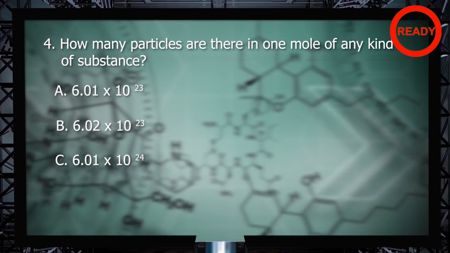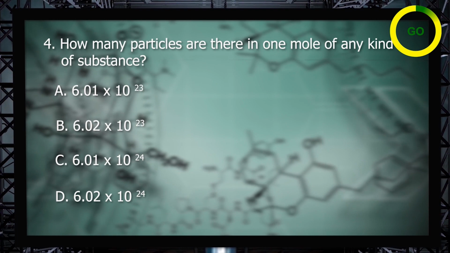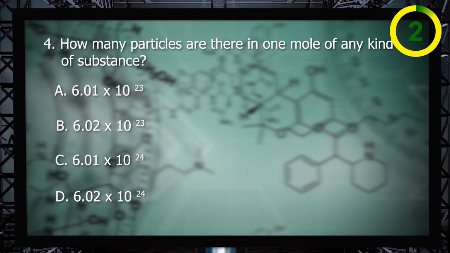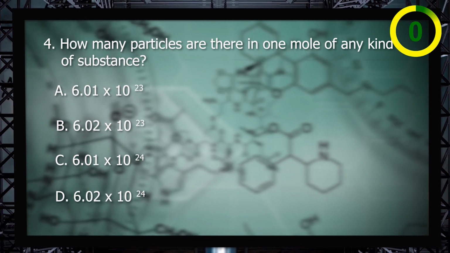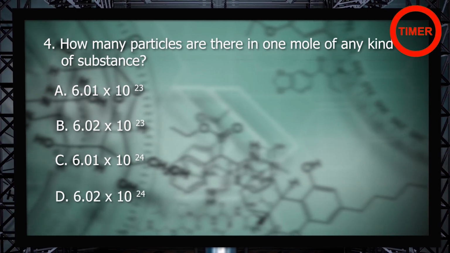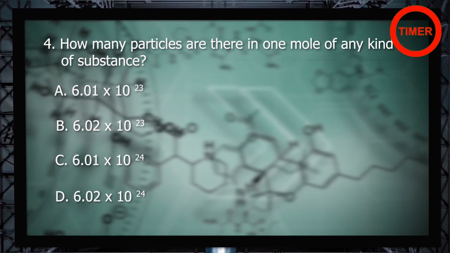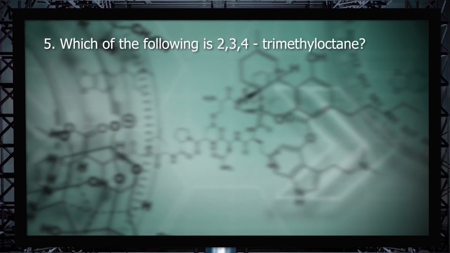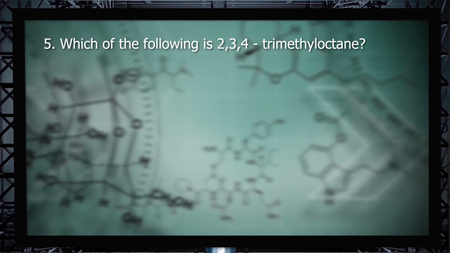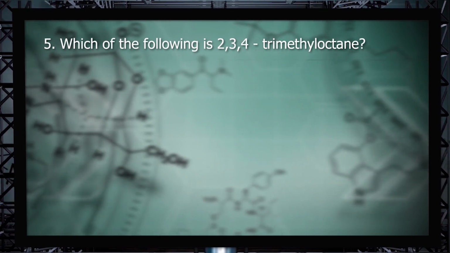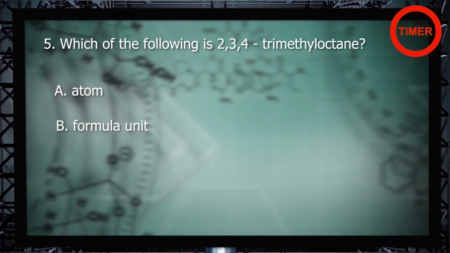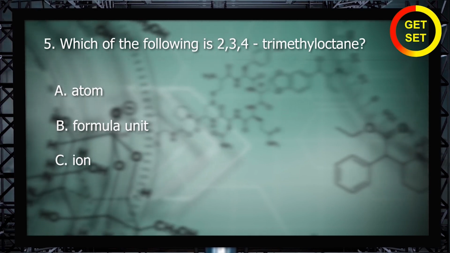And D. 6.02 times 10 to the 24. Number 5. What is the representative particle of ionic compounds? A. Atom. B. Formula unit. C. Ion. And D. Molecule.